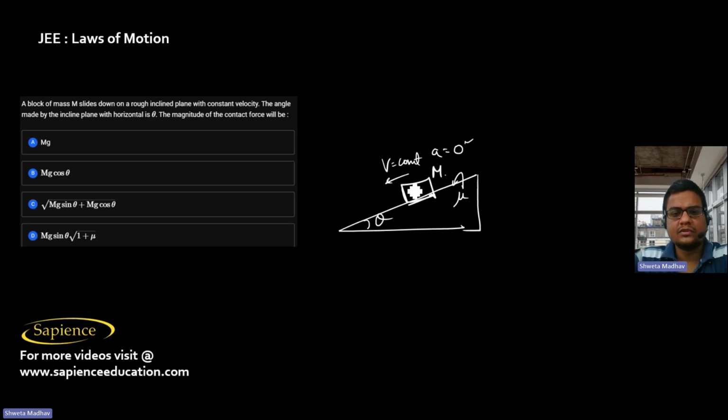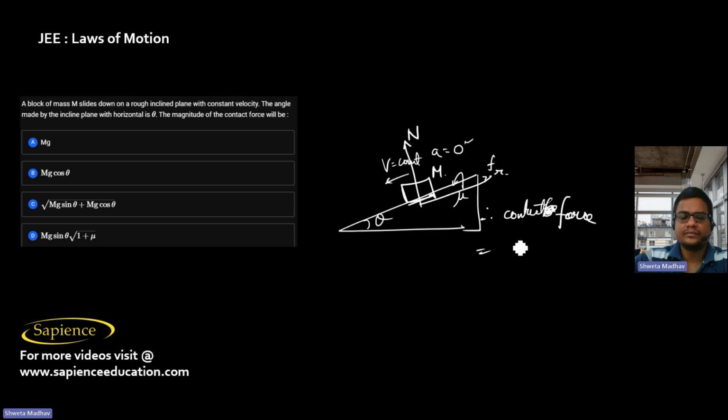So the contact force is actually the vector sum of the normal reaction force and the frictional force. So therefore, the net contact force, if you want to find, is equal to the resultant of frictional force and the normal reaction force.